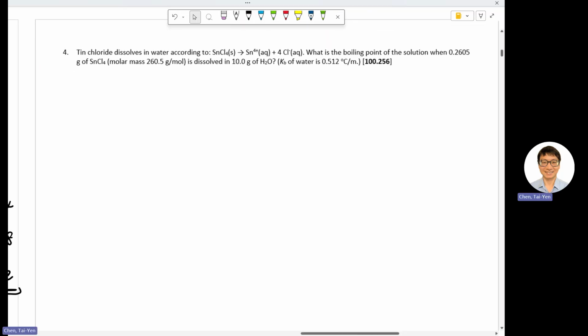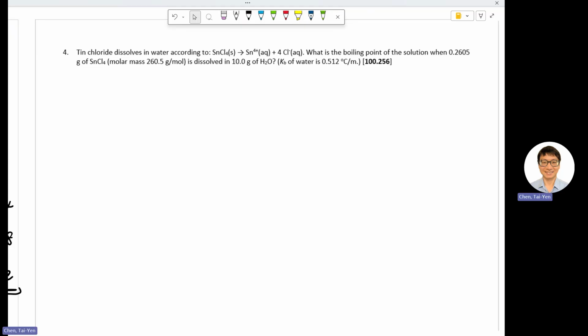Okay, question number 4. Tin chloride dissolved in water according to this specific equation. What is the boiling point of the solution when 0.2605 gram of tin chloride is dissolved in 10 gram of H2O? The Kb of water is 0.512 degrees C per molality. What's the keyword here?